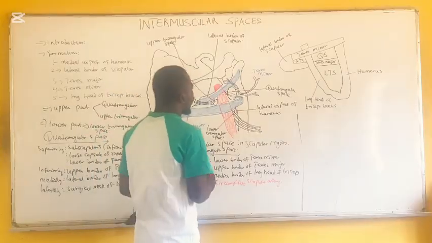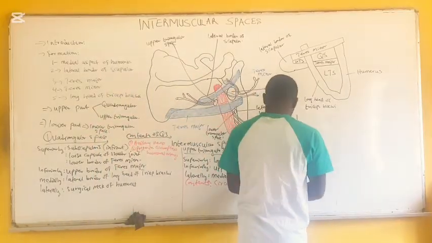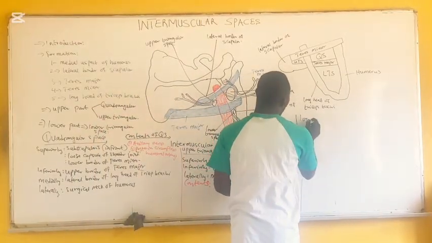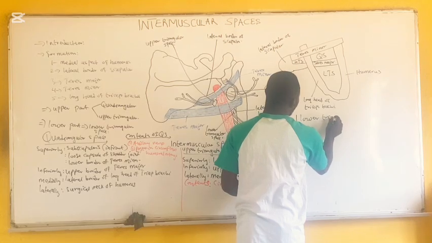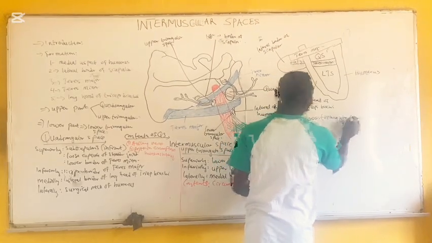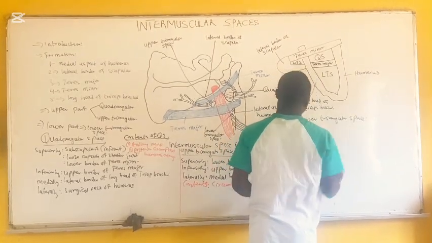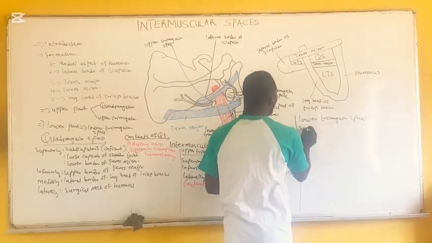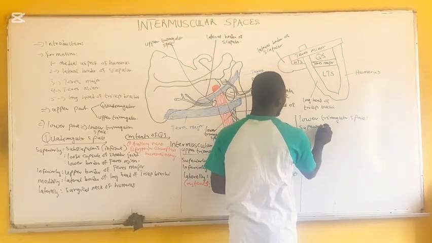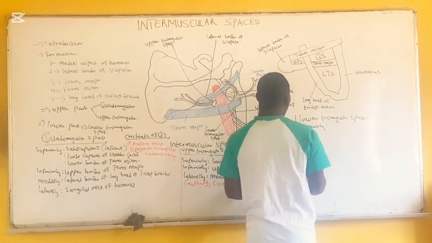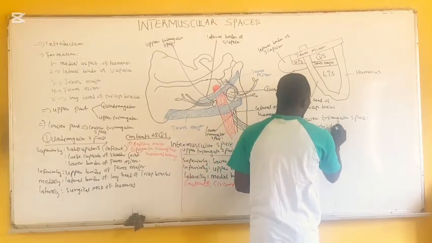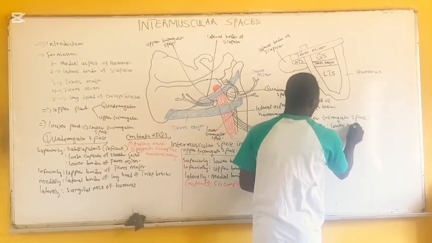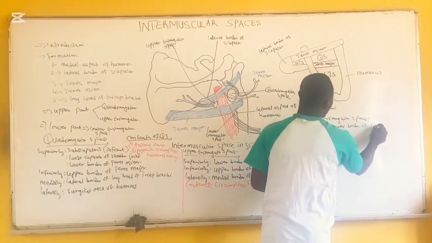So the next one is the lower triangular space. The lower triangular space is bounded superiorly by the lower border of teres major.